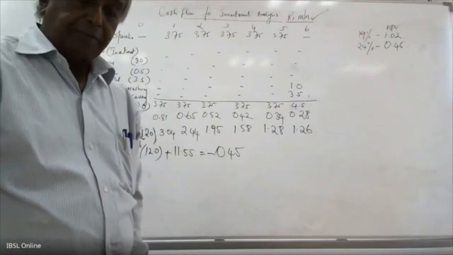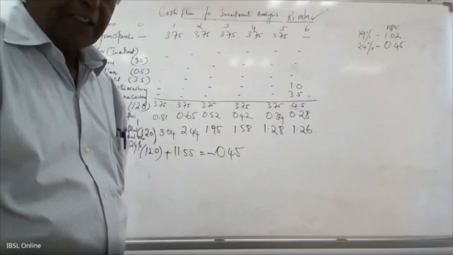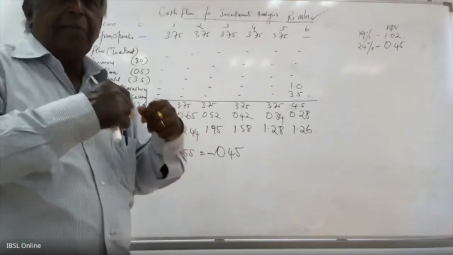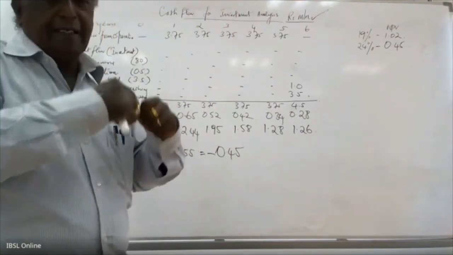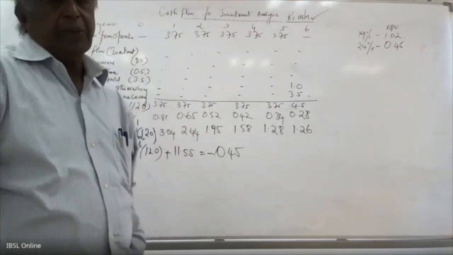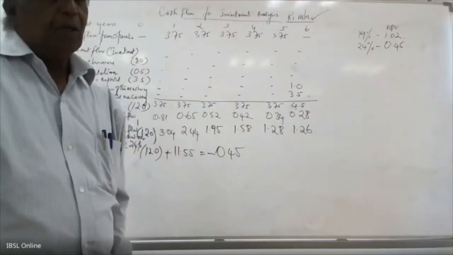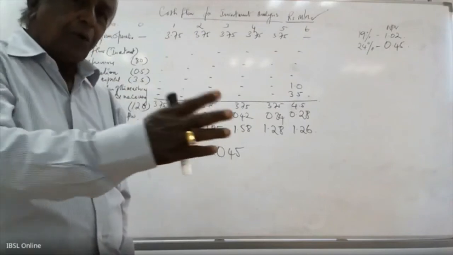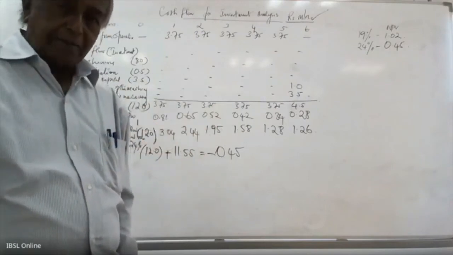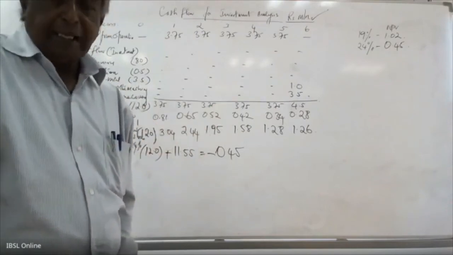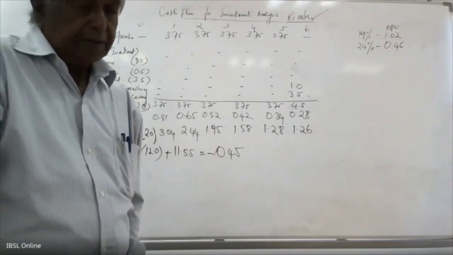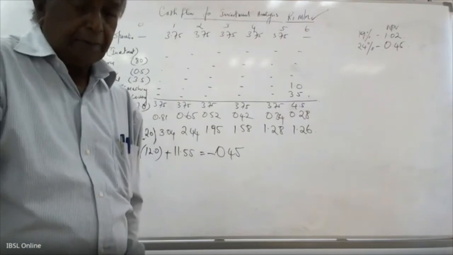We increase, decrease, to see where the NPVs are, what the IRR is. You call it trial and error. Now the computer is there. You don't need to do all these calculations. You can simply get the IRR, NPV, everything from the computer. I will explain that one.